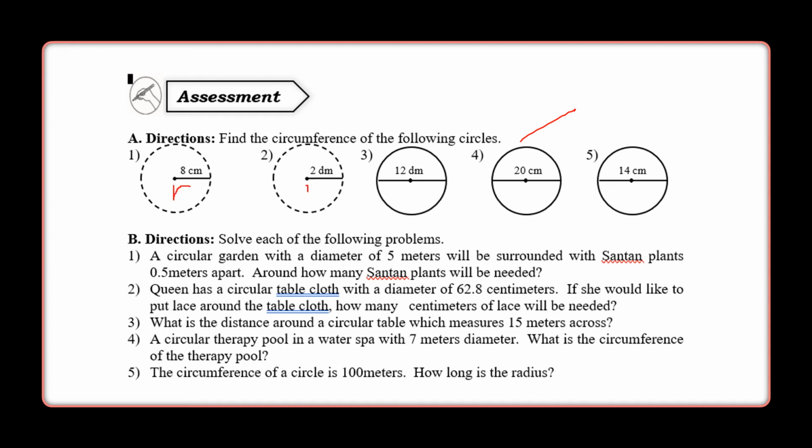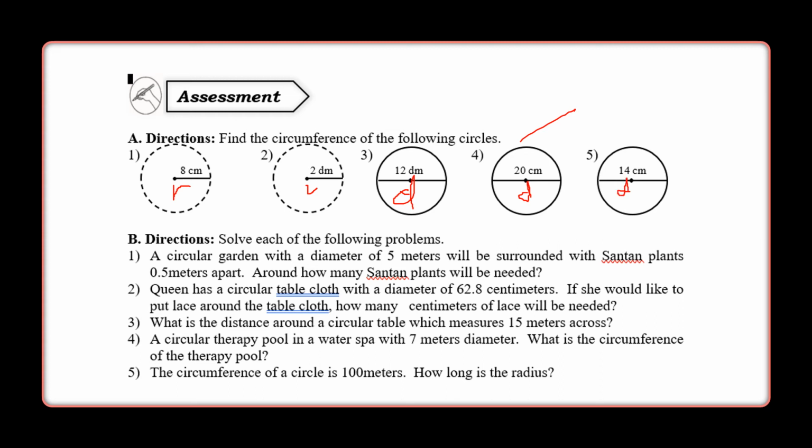This one, number 2, the radius is also given. Radius. And in number 3, diameter is given. Okay? This one is diameter. Okay, this one, diameter also. And the number 5, diameter.